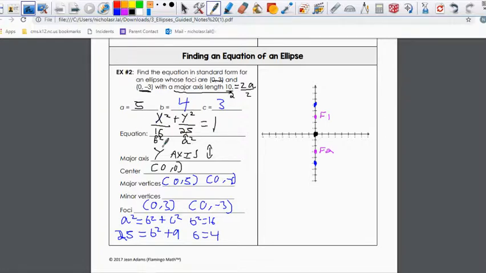Now b is equal to 4. I know our minor vertices are going to be 4, 0 and negative 4, 0.